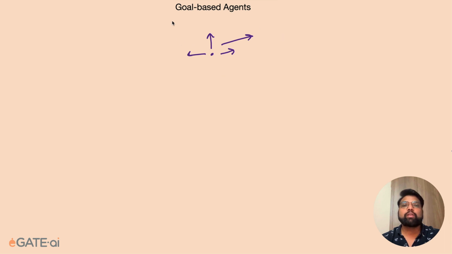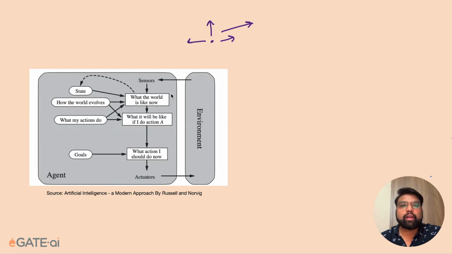So let's try to understand goal-based agents with the diagram. This is the block diagram of goal-based agents. You can see that this is the internal state that we were talking about in model-based reflex agents. And here you can see that there is one extra field: what it will be like if I do action A. Because you need to know whether by doing a certain action you are getting closer to your goal or not.